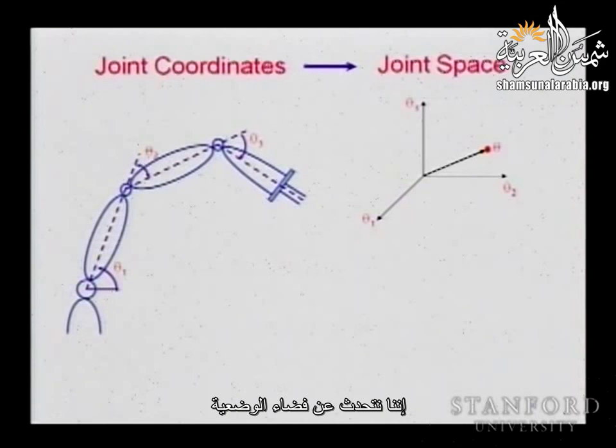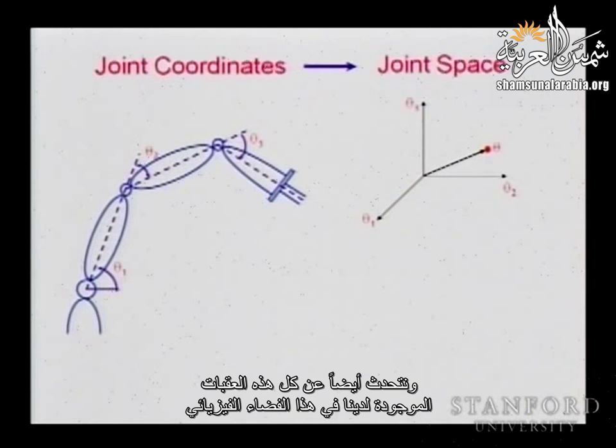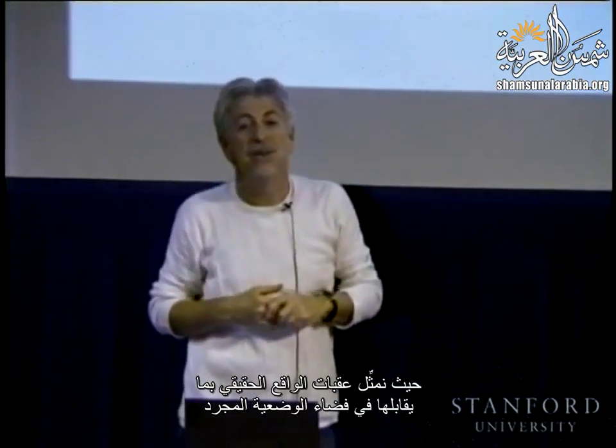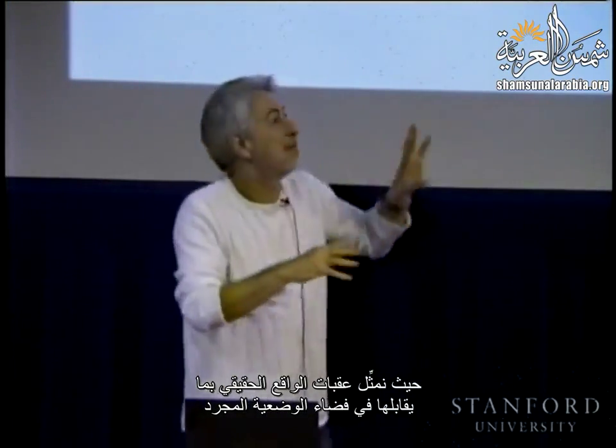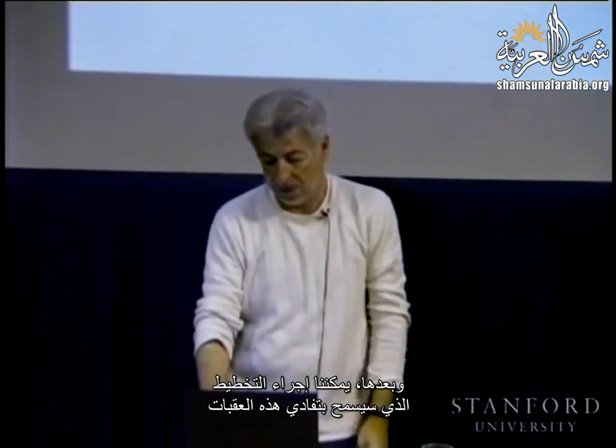We talk about configuration space, and we talk about planning motions in configuration space, so planning the motion of theta. And we talk also about all the obstacles that we have in the physical space, that we map to that space, that become configuration space obstacles or C obstacles, that represent how obstacles in the real world are mapped to that abstract configuration space. And then we can do the planning around those obstacles.